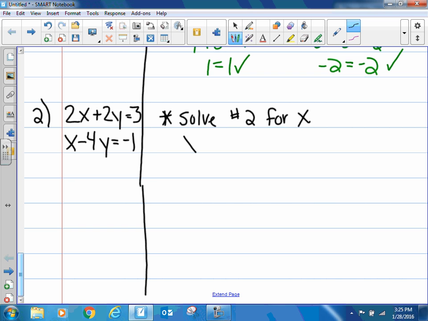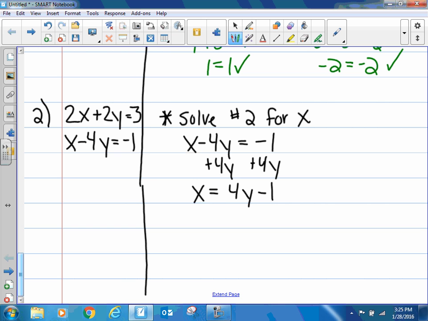So here we go. x minus 4y equals negative 1. I just have to move the 4y over, and I have x equals 4y minus 1. I'm always all about putting the variable first, 4y minus 1, but if you have negative 1 plus 4y, it's the same thing. Okay, now I've solved for x.